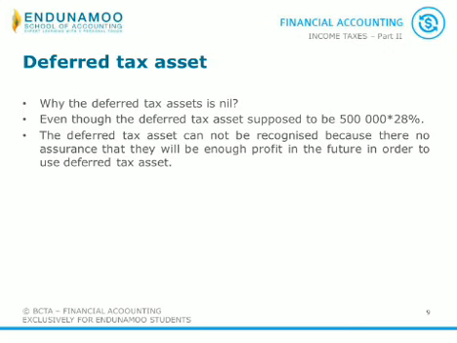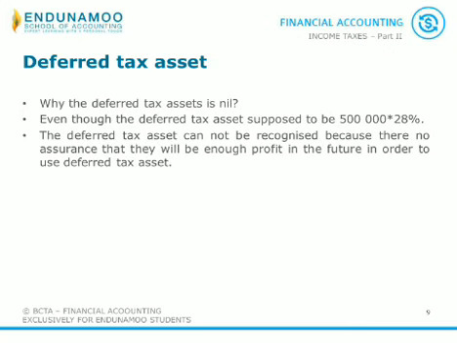Because if they went and said 500,000 times 28%, got a figure and recognized it in their balance sheet, they're in essence overstating the assets, because they're not going to have profits 5 years down the line for them to actually utilize this asset.